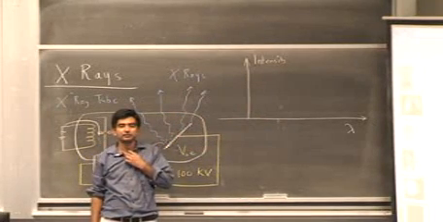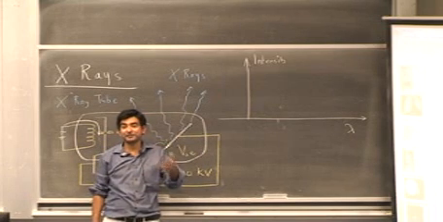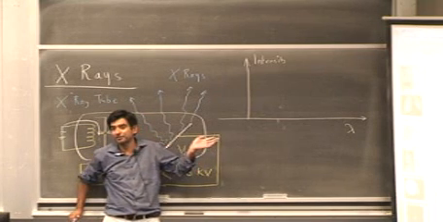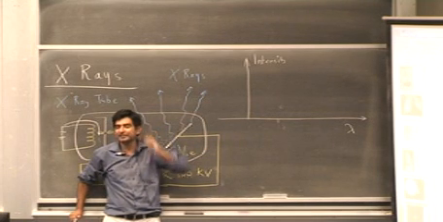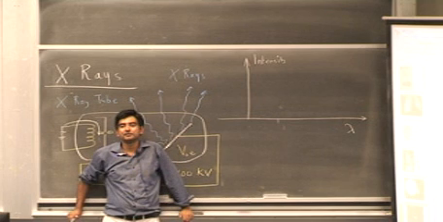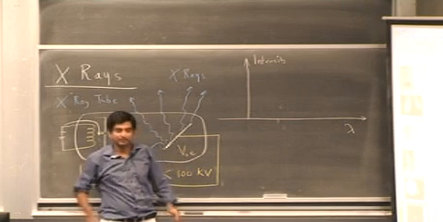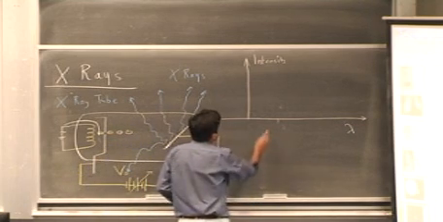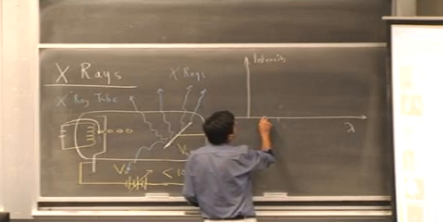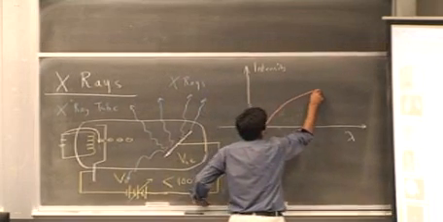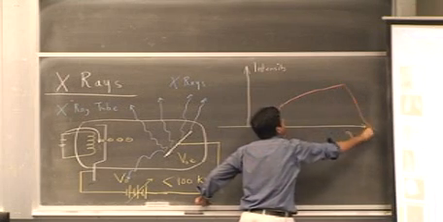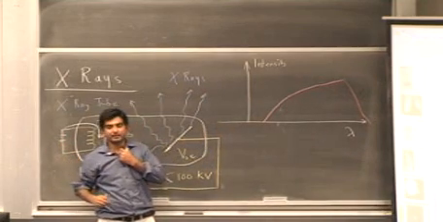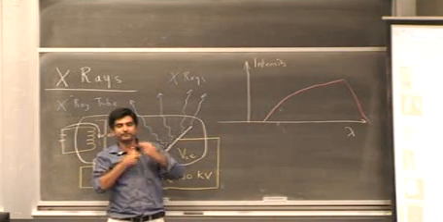What is this kind of graph called, in which intensity is plotted against wavelength? A spectrum. It's called a spectrum. So the graph looks to first order like this. To first order, approximately looks like this.